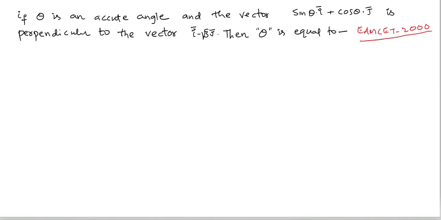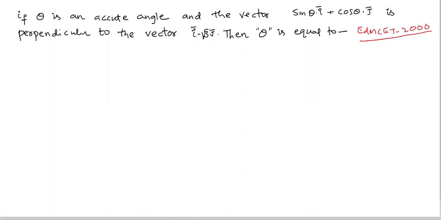If theta is an acute angle and the vector sin theta into i bar plus cos theta into j bar is perpendicular to the vector i bar minus root 3 into j bar, then theta is equal to dash. This is an MHT-CET 2000 question.